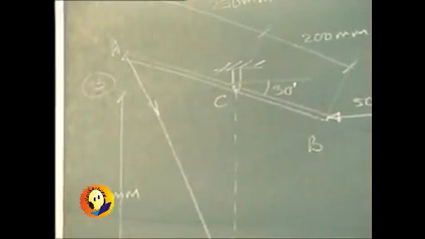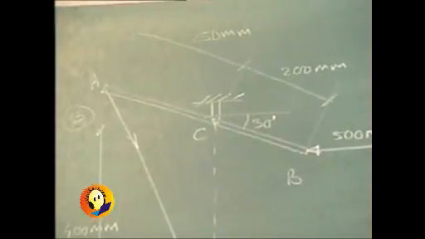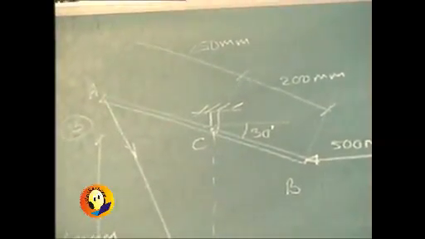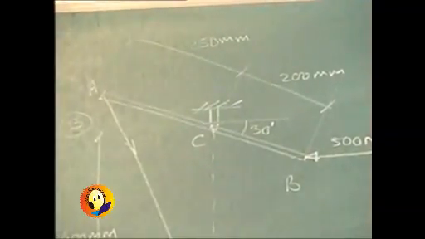The distances of that particular beam ACB are given along the inclined direction only as 250 millimeters and 200 millimeters, whereas when we are going to take the moment afterwards, we will be requiring the horizontal distances, and for horizontal distances even the angle 30 degrees is given to us.